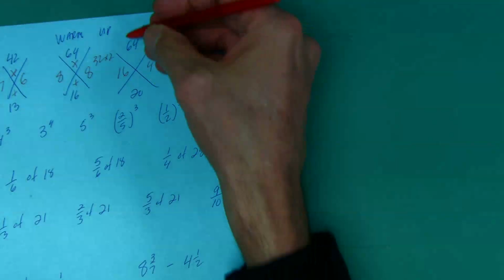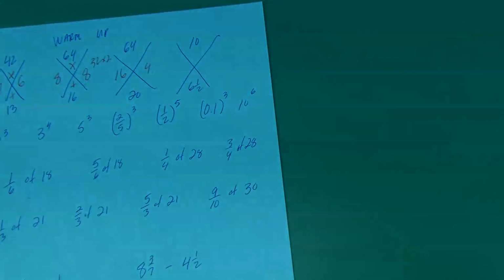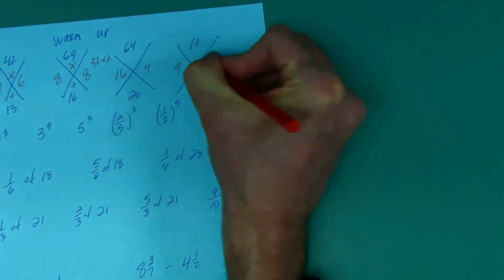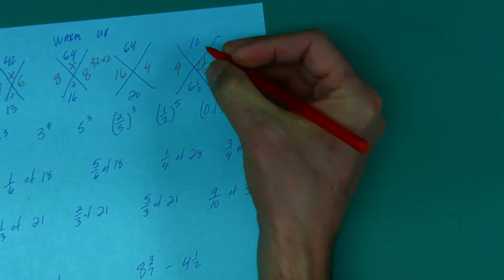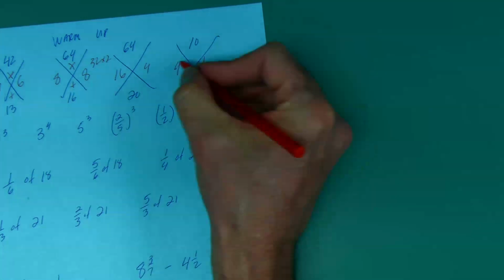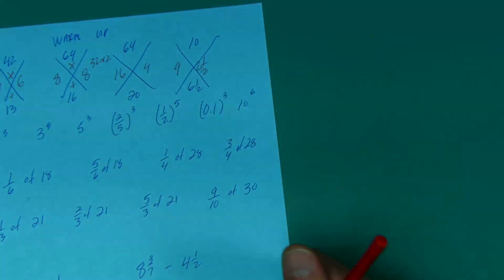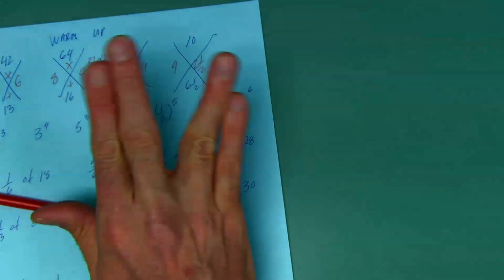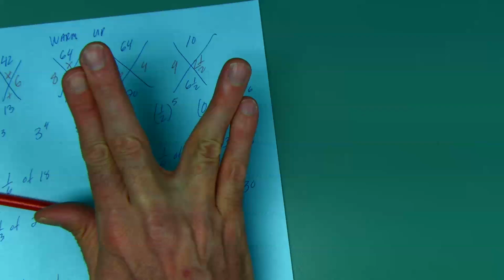You get the same product if you take half of one of the factors and double the other. 10 and 6.5 is going to be 4 and 2.5, right? 4 plus 2.5 is 6.5. 2.5 and 2.5 is 5. 5 and 5 is 10.